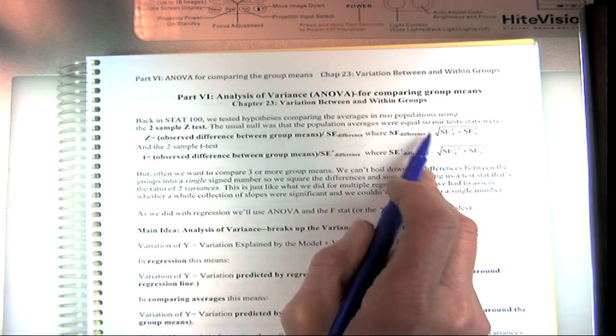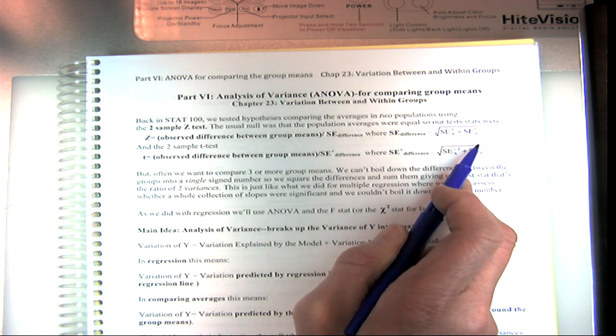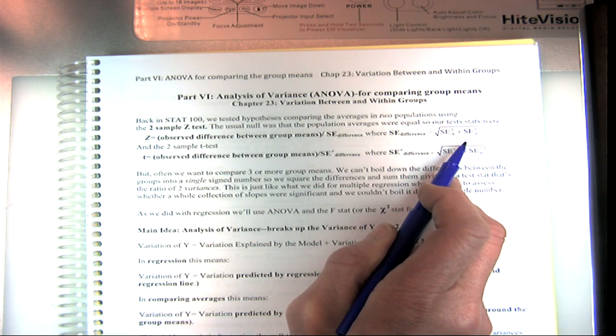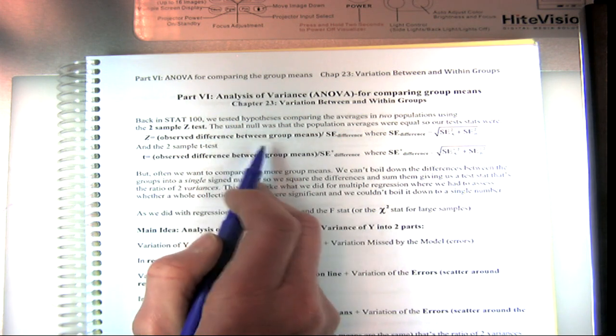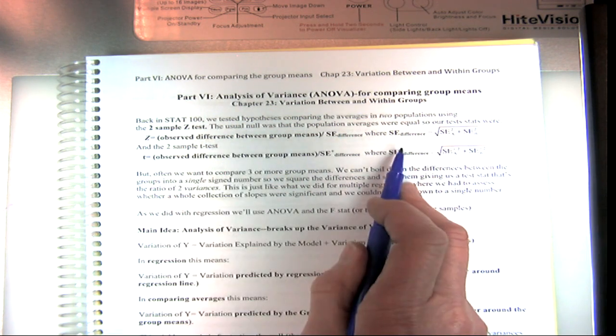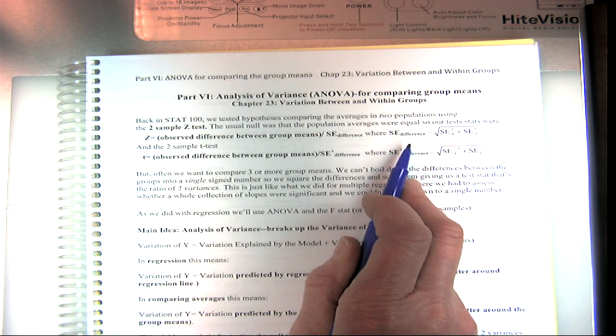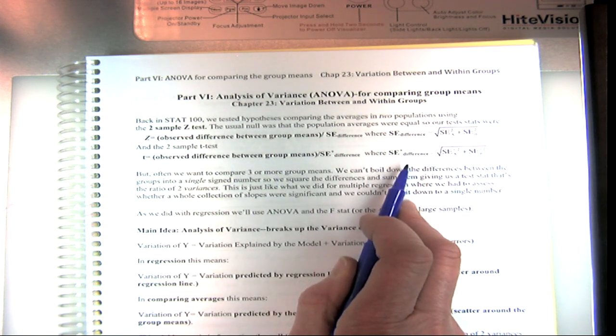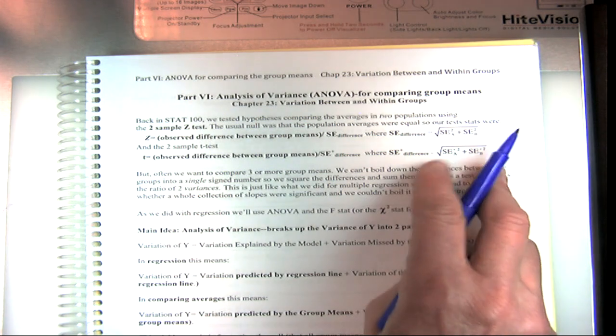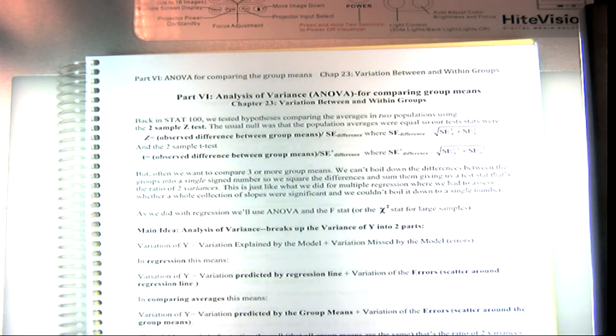We took the square root of the sum of their squared standard errors. So we just did a z-test like that, with the null being that the difference was 0. Or else we could have done a t-test by slightly tweaking the standard errors. So that's what we did.